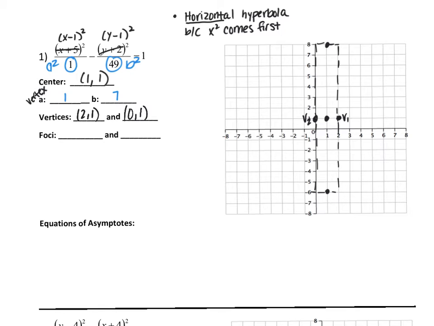To find the coordinates of our foci, we need to use the equation c squared equals a squared plus b squared. We know that a squared is 1 and b squared is 49. So we have c squared equals 1 plus 49, which gives us 50. To calculate c, we're going to take the square root of 50, which can be simplified to the square root of 25 times the square root of 2.